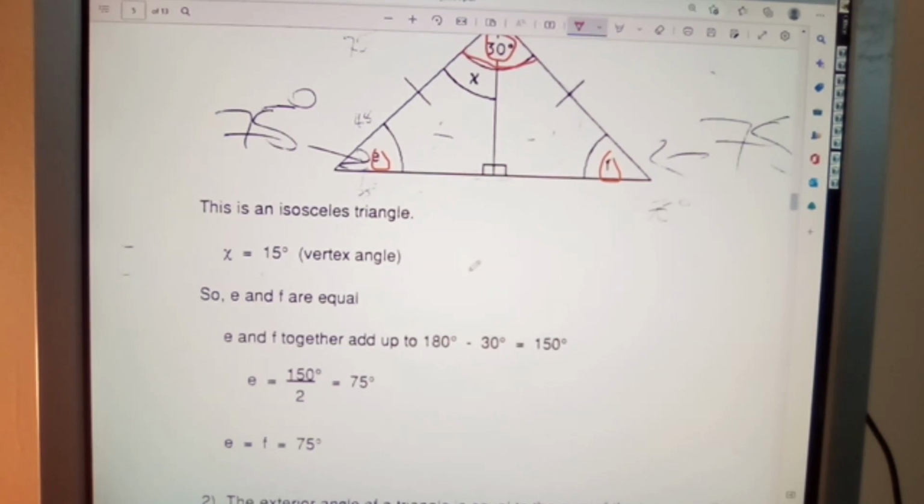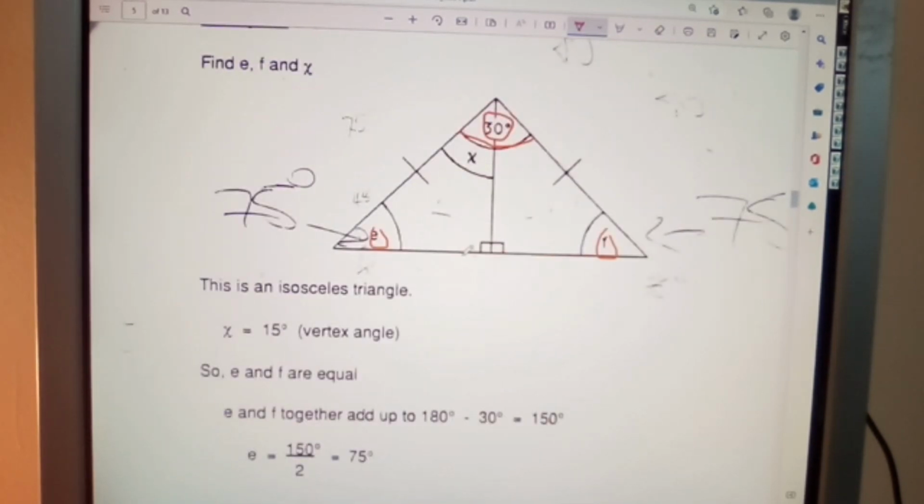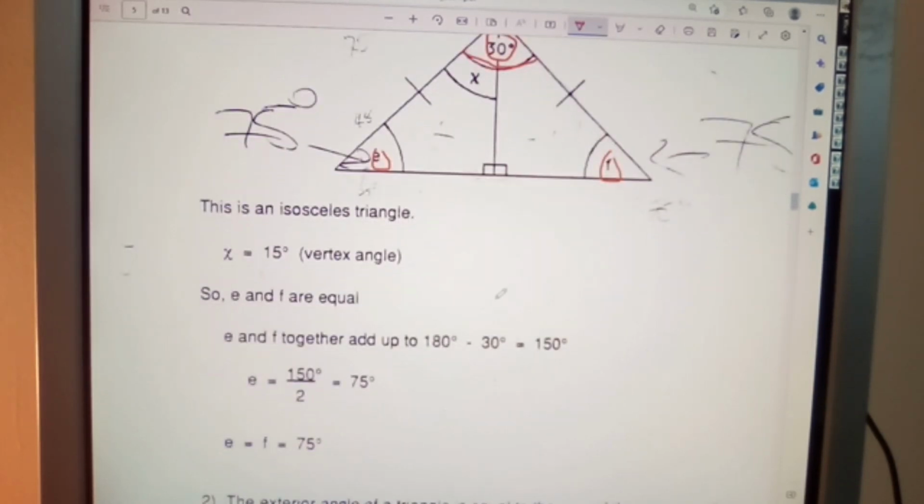E and F together add up to 180 minus 30 equals 150.